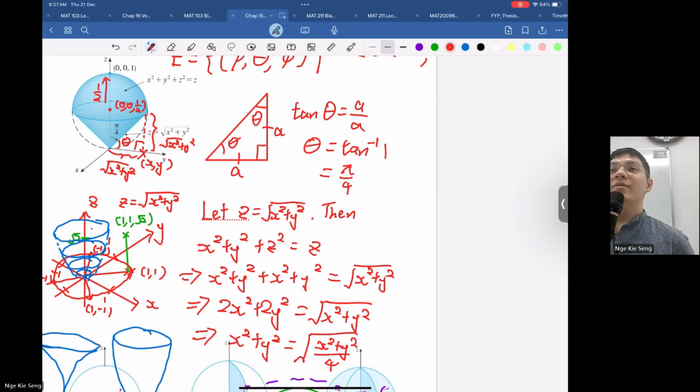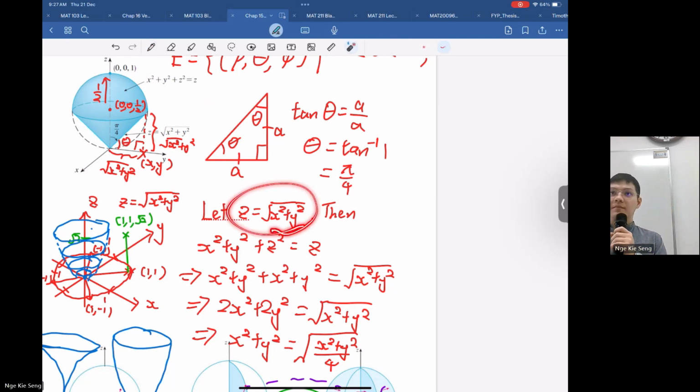Sorry, plug inside. What do you mean by plug inside? Plug in z to find the point. Solve for z. Wait, what are you guys talking about? So you want to fix the z?